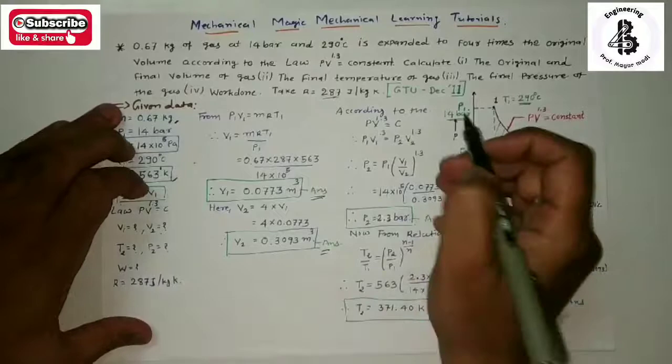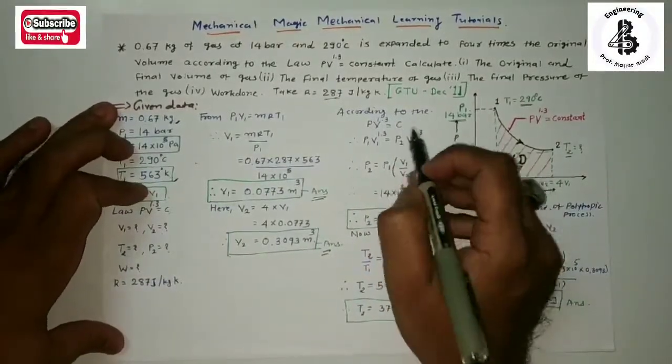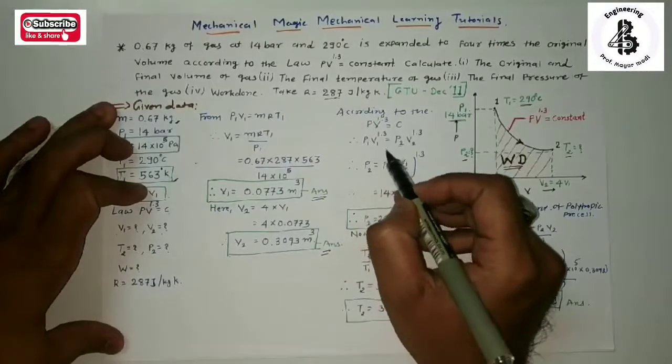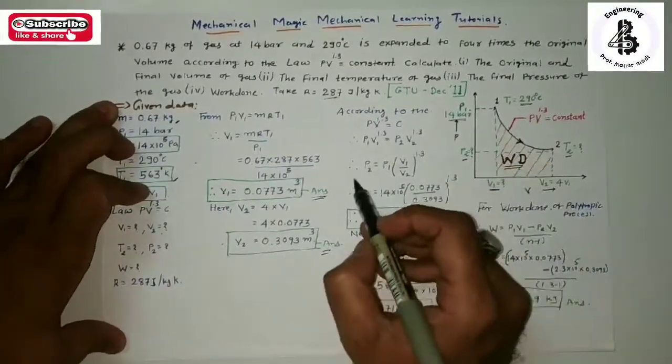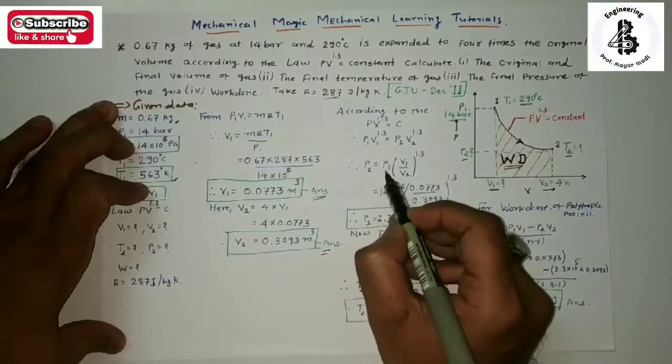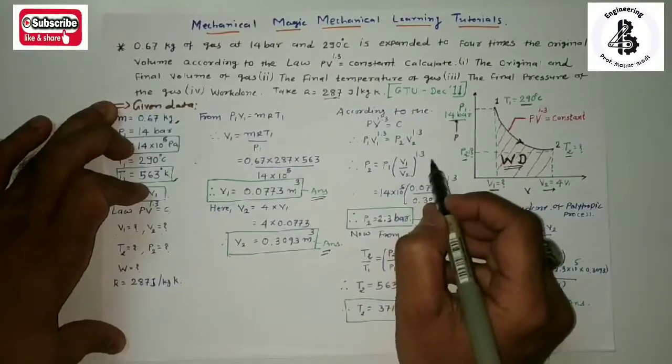Now according to the polytropic process, PV^1.3 = constant. So P1 V1^1.3 = P2 V2^1.3, and solving for P2, P2 = P1 × (V1 / V2)^1.3.